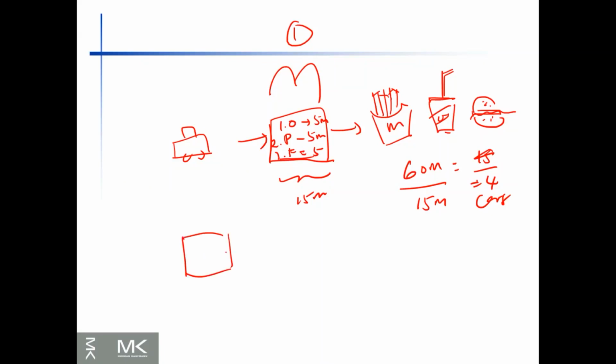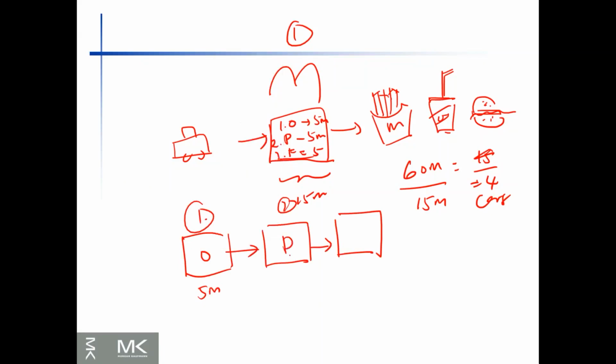A typical pipeline will look something like this. In the first counter, you order your food, and that's going to take 5 minutes. In the second counter, you pay for your food, pay $1, and that's going to take 5 minutes. In the third counter, you pick up the food, and that's going to take 5 minutes.